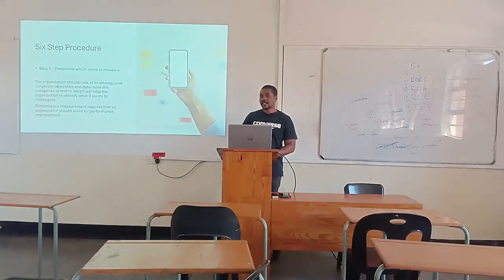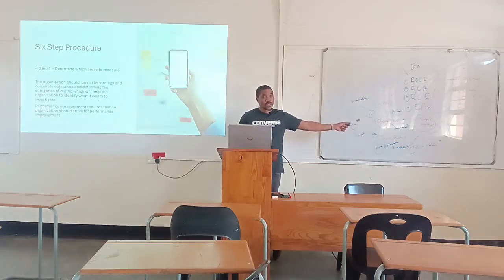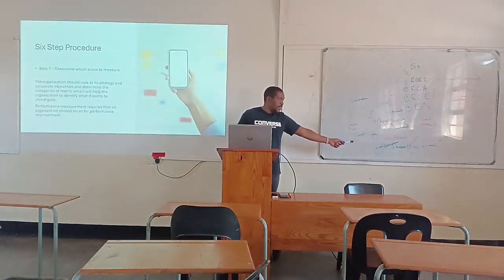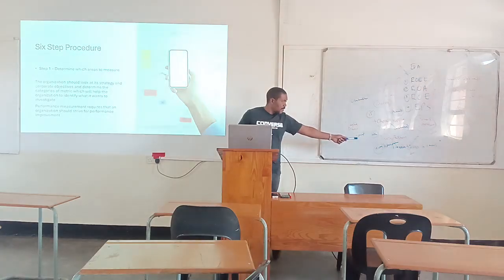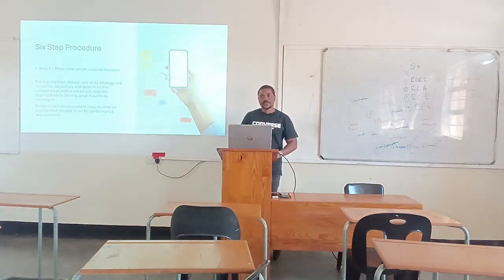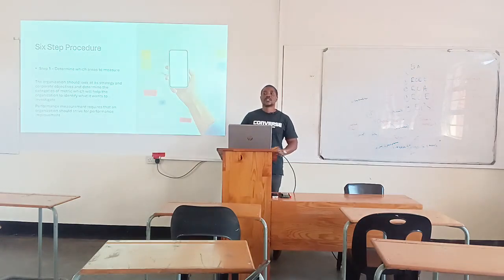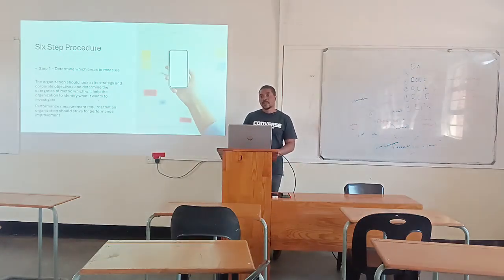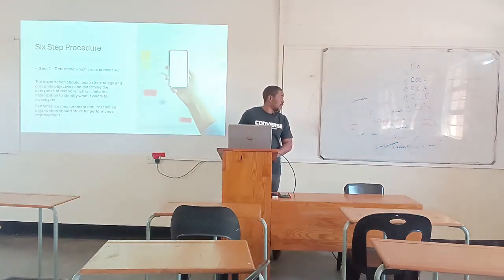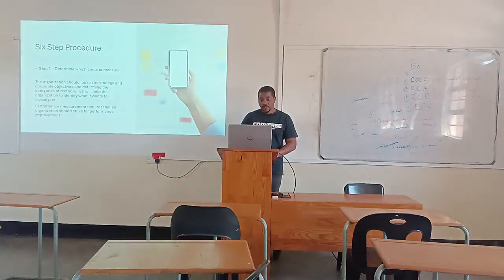There are so many areas. Here, Chipiku, there are so many areas that they can measure, right? Why did they emphasize on increase in sales? Why not ICT? Why not procurement? Why not HR? So, determining which areas to measure is very critical.